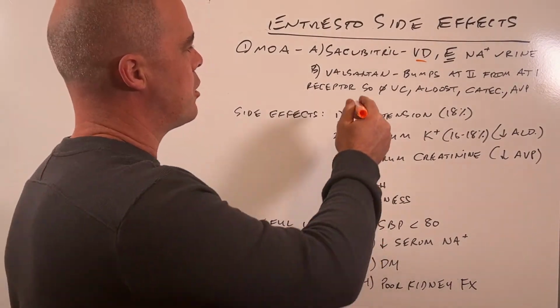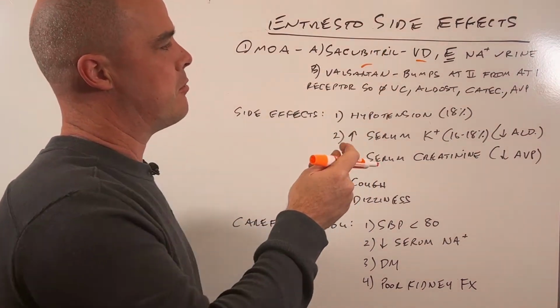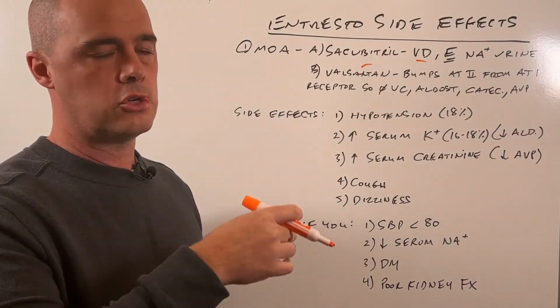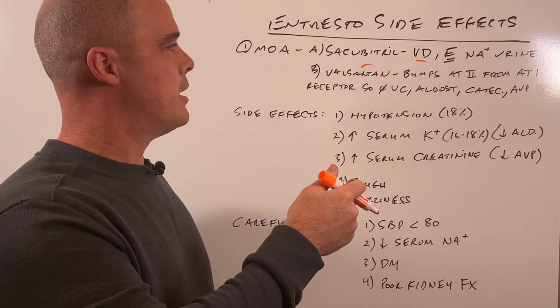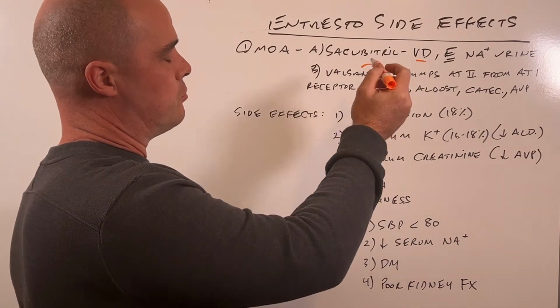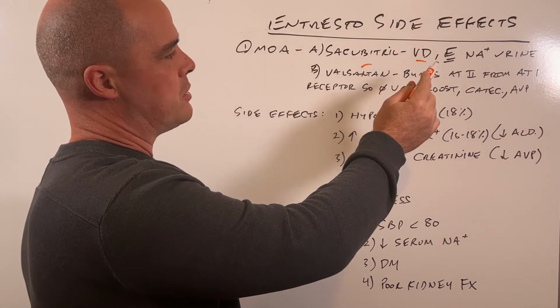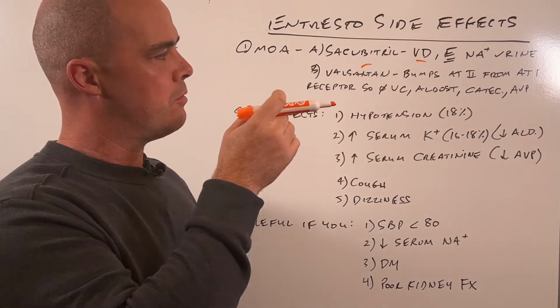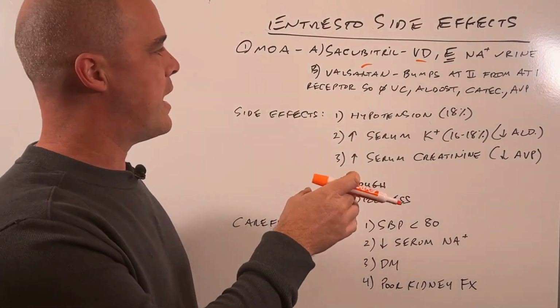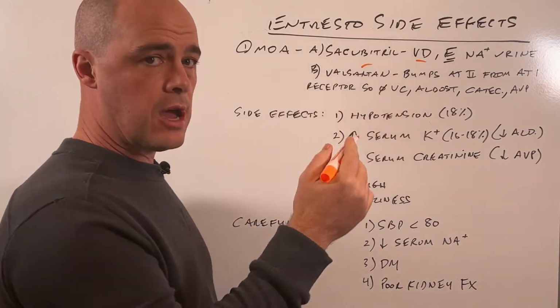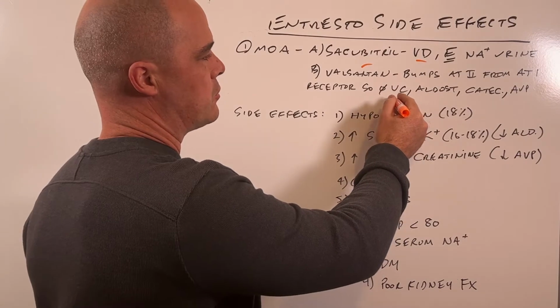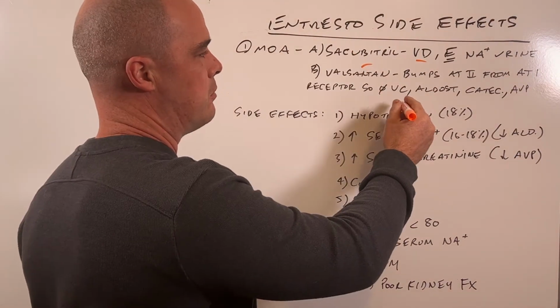The second drug is valsartan, and valsartan has been around for a long time. By the way, these are generic names. The only thing it does is bump angiotensin II from a receptor. And what that means is your body is not able to constrict the blood vessels.